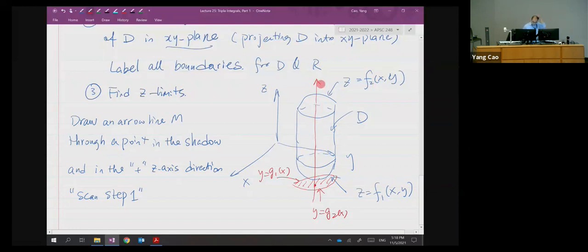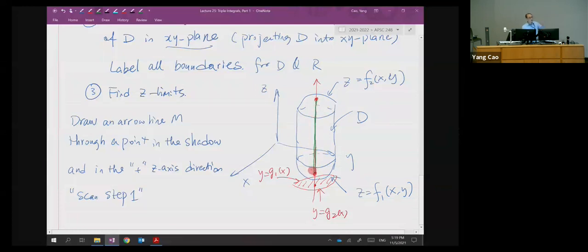Because you pick the point in the shadow, it's guaranteed that this arrow line will pass through this region D. Then you will have an intersection between this arrow line and the bottom surface, and an intersection with the top surface. So the first scan goes from the bottom to the top.